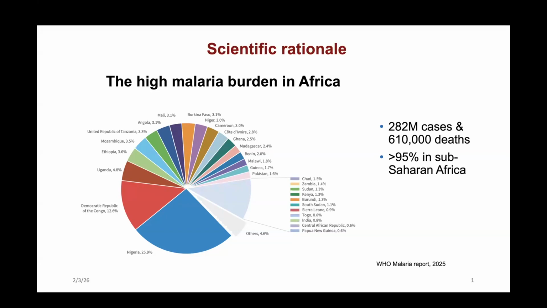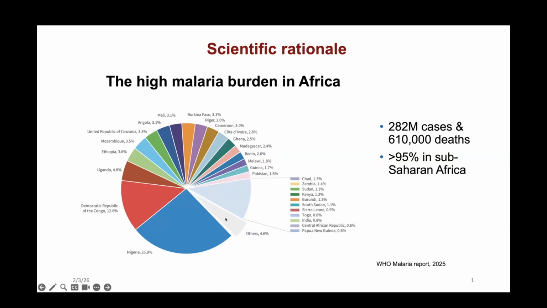If we look at the most recent report that WHO publishes annually, particularly the 2025 report, it still shows that malaria is a very huge burden globally, but more particularly in Africa, where up to 280 million cases were reported, and up to 610,000 deaths, over 95% of which occurred in sub-Saharan Africa.